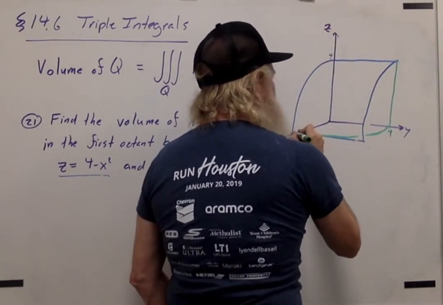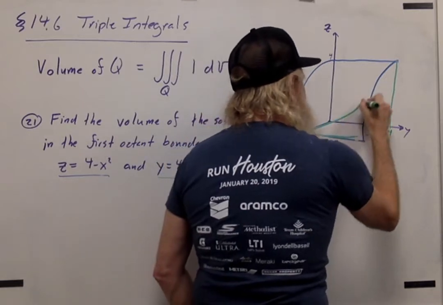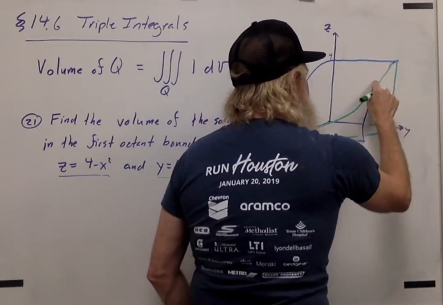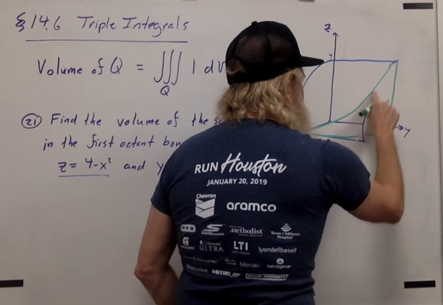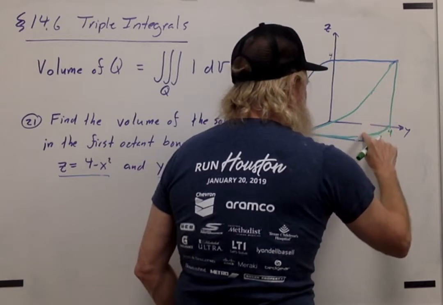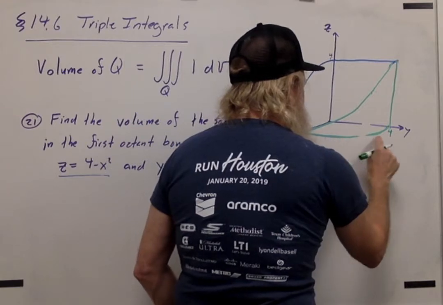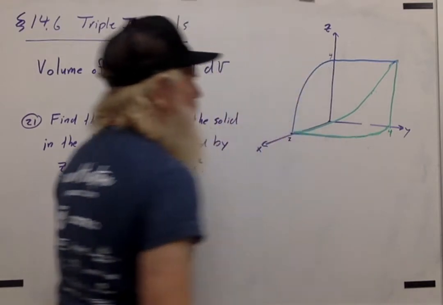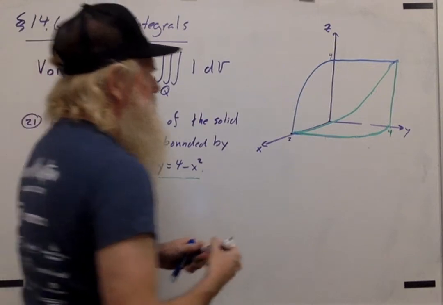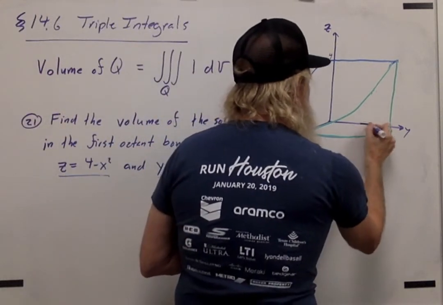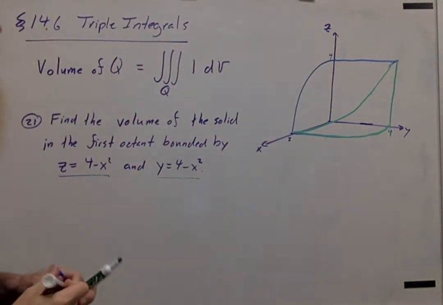So that's going to go up something like that. And I'm going to be removing this part of the blue solid, which lies on the outside of that parabolic cylinder. So this is what the region looks like.